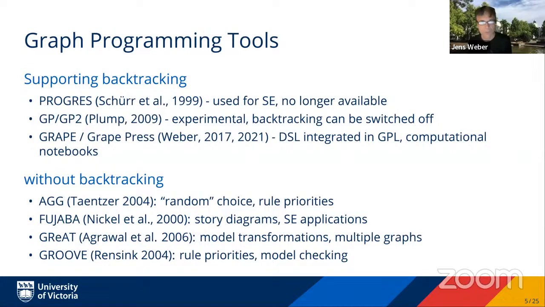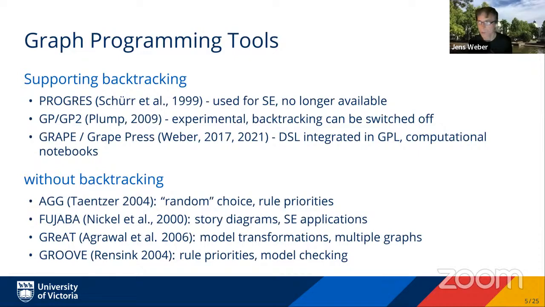Detlef's tool here, GP2, is an experimental graph programming language that supports backtracking, and backtracking can also be switched off. So in an earlier version of Grape, the earlier papers, the ICGT paper 2017, describes Grape as a graph programming language that supports backtracking.